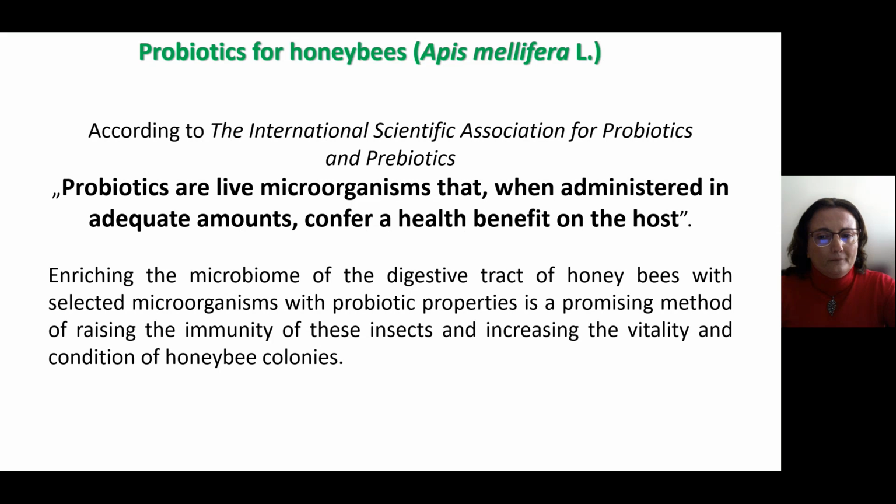These bacteria naturally inhabit the bee environment, such as flowers, bee products such as honey, royal jelly, plant silage, as well as the digestive tract of humans and animals, including the honeybee and other pollinators, where they perform beneficial functions.